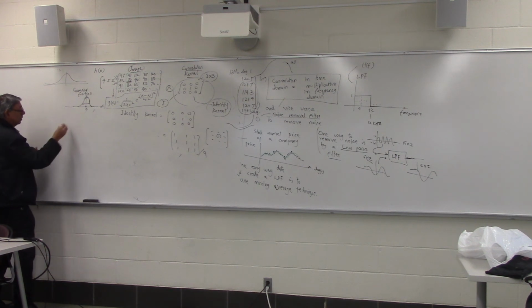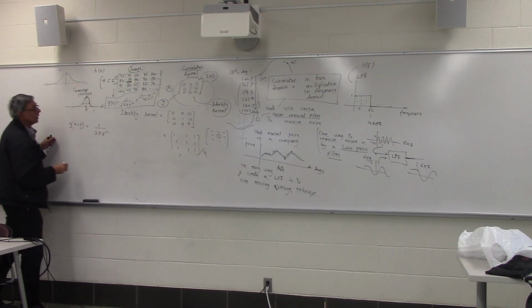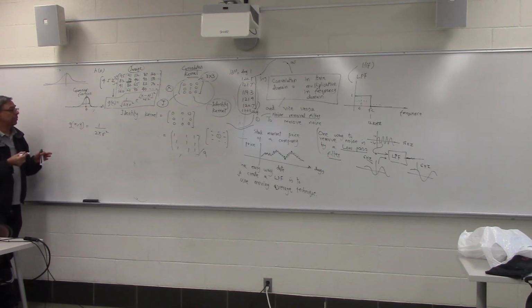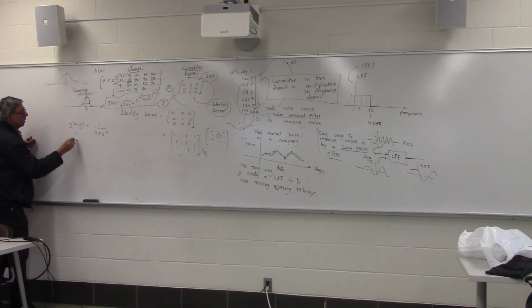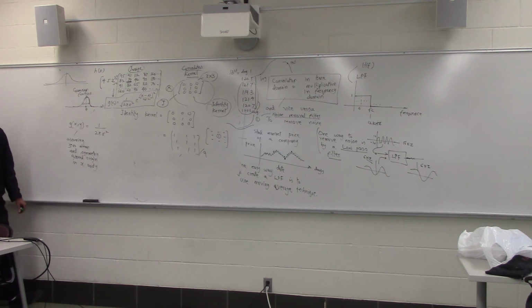So g of x, y is 1 over 2 pi sigma squared. In reality there will be mu, sigma x, sigma y, but I'm assuming 0 mean and symmetry around the origin in x and y, meaning it's the same sigma in the x direction and the same sigma in the y direction.